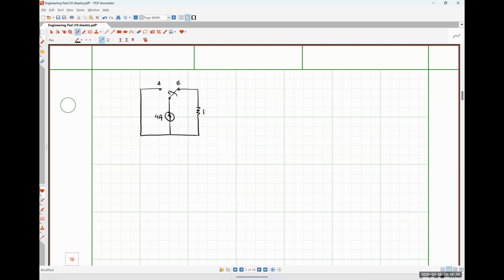Great, 12 ohm resistor. Quinn, pick a number between 1 and 20. 1 over 20 Henry inductor.